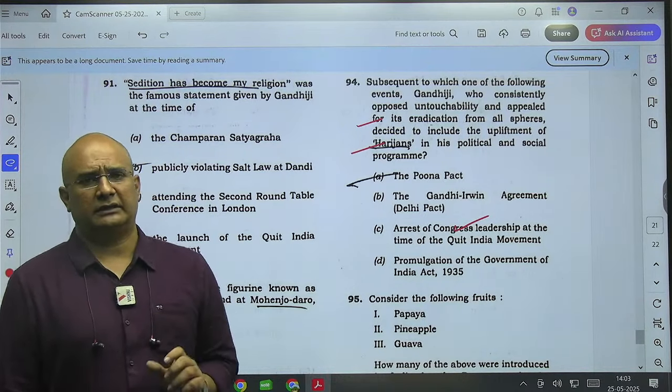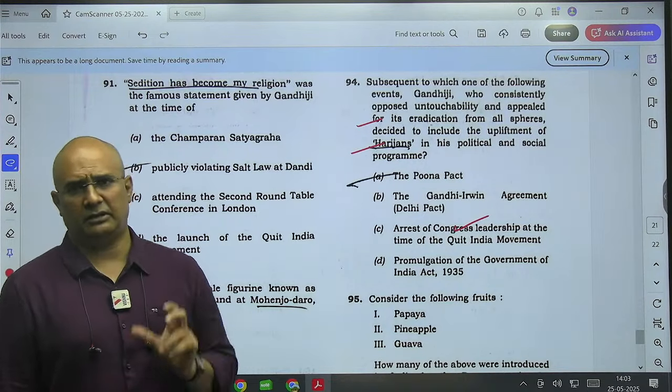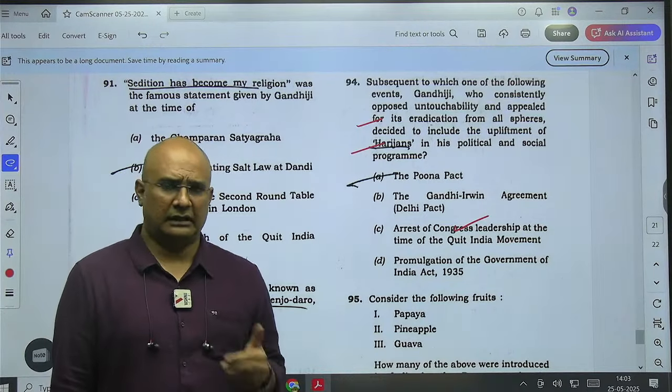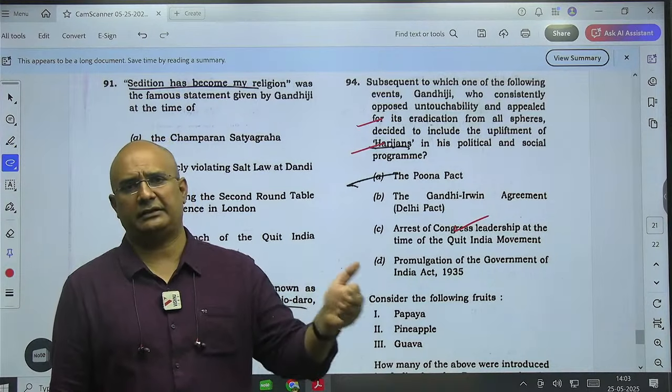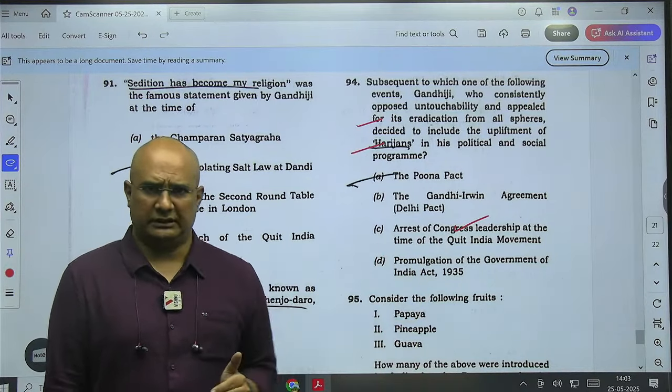What made him launch a particular campaign for abolishing untouchability? If you recollect, in 1932 there was a pact between Ambedkar and Gandhi called the Pune Pact, and that came after Ambedkar was demanding separate electorates for depressed classes, and Gandhi opposed that.